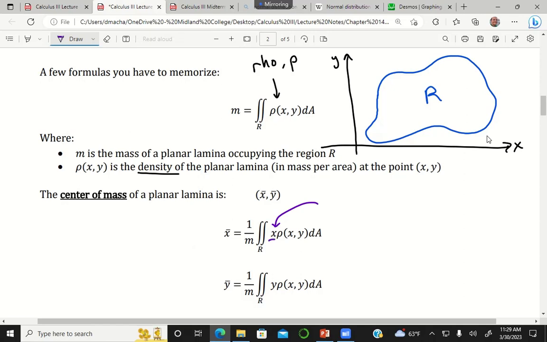The same thing for the y coordinate of the center of mass: a little y appears. And these formulas, in my opinion, are easier to remember than the Calculus 2 formulas. They're more symmetric with respect to each other, so I don't think they're that bad.